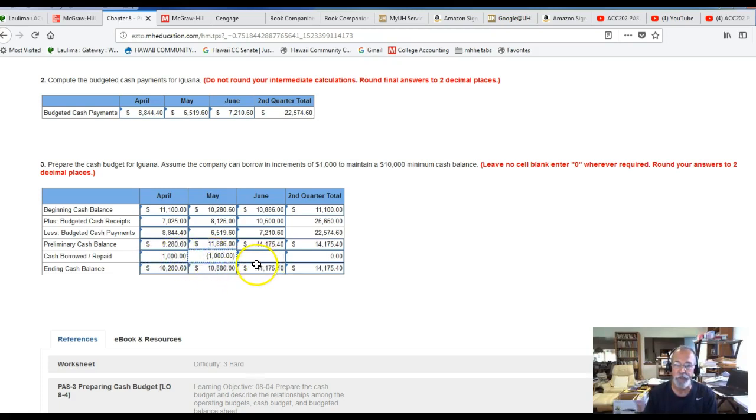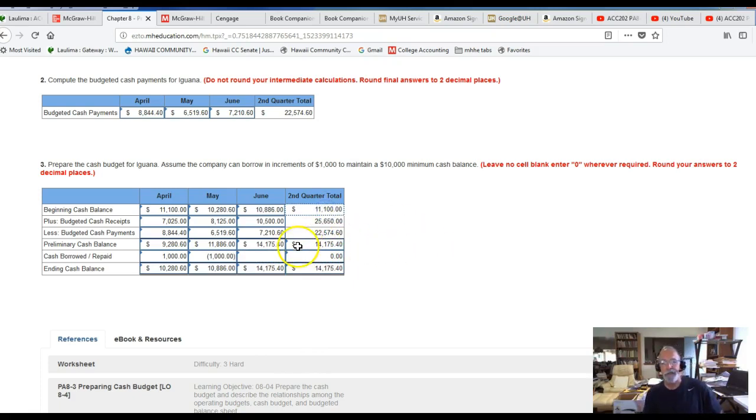So we can repay it, show it as a negative amount. And our ending cash balance then would be 10,866, which carries forward to June. We add our budgeted cash receipts, subtract our budgeted cash payments, calculate our preliminary cash balance. We're okay. We're at least at 10. No borrowing necessary. And we end at 14,175.